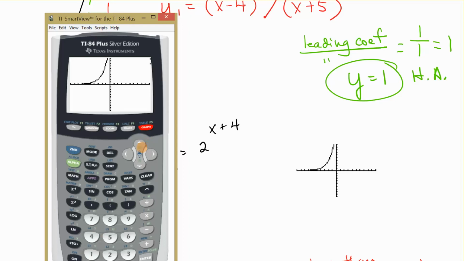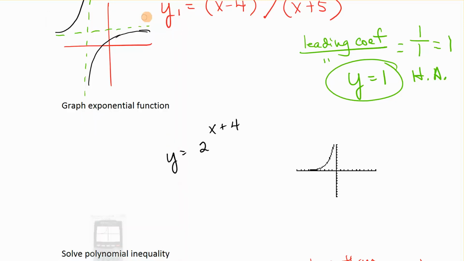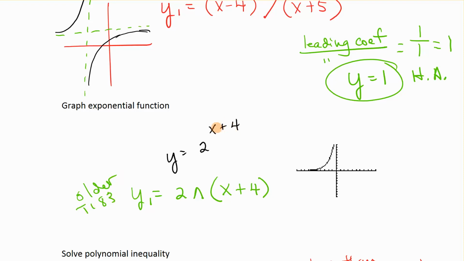But you get something like that, and you could match it. If an older calculator, you would have y1 equals 2, and it would show the caret key. You would have to put this x plus 4 in parentheses. So this is for the older TI-83. The newer ones, actually, when you hit the caret key, give you an exponent box.